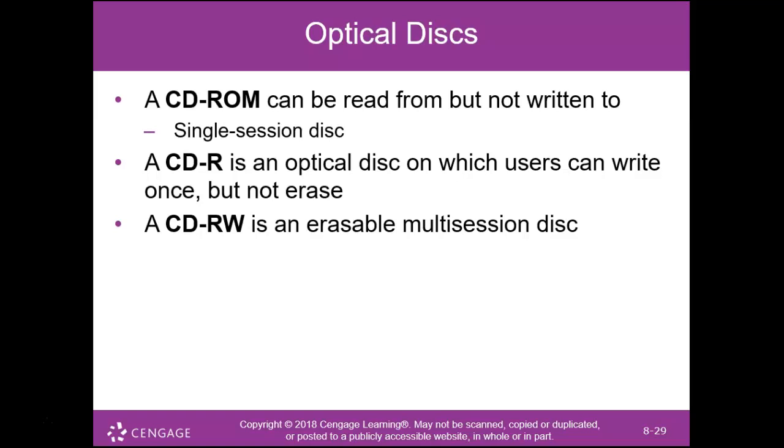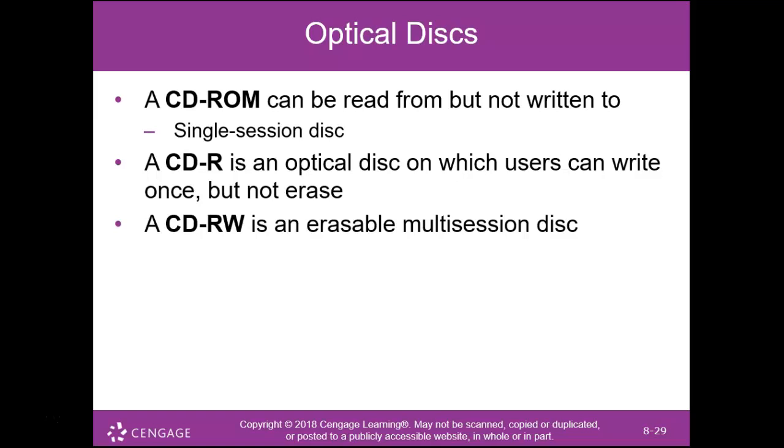What I do want to discuss, though, are these types, right? A compact disc read-only memory, we call it a CD-ROM. This is a read-only disc, as the name indicates. So these types of discs are created commercially, and you cannot save data to them once they've been created. They're read-only memory. Now, a compact disc that's a CD-R, that's recordable.